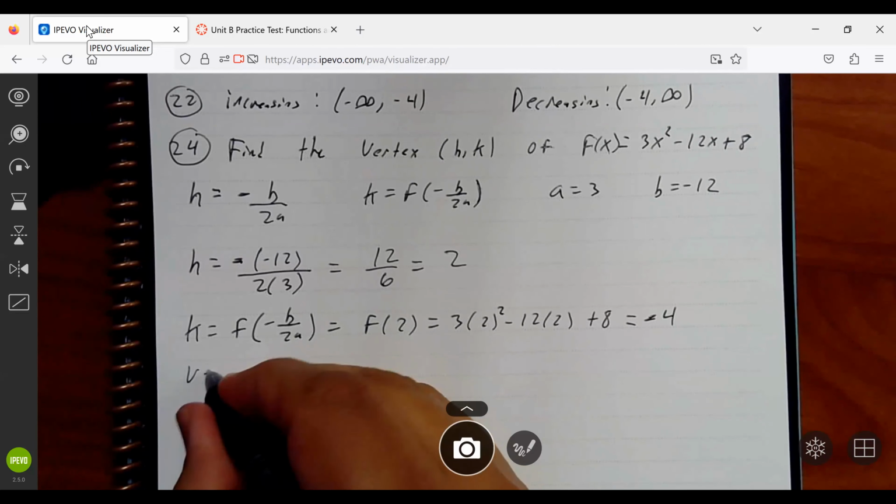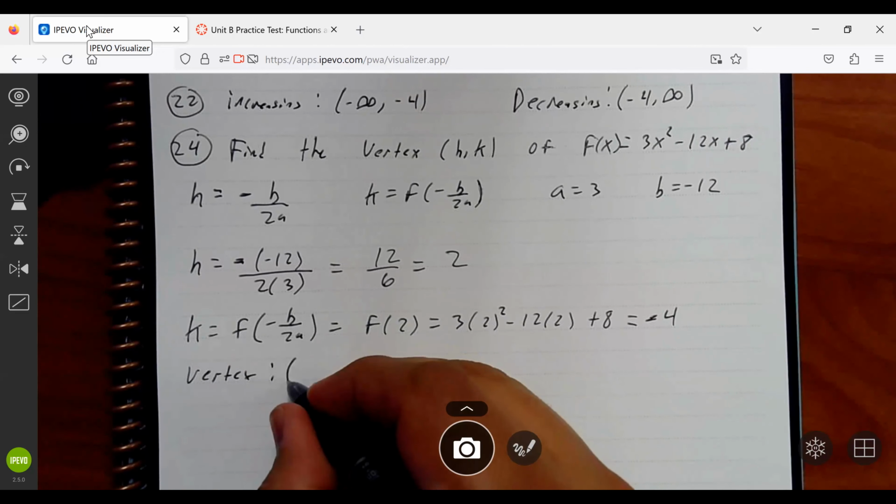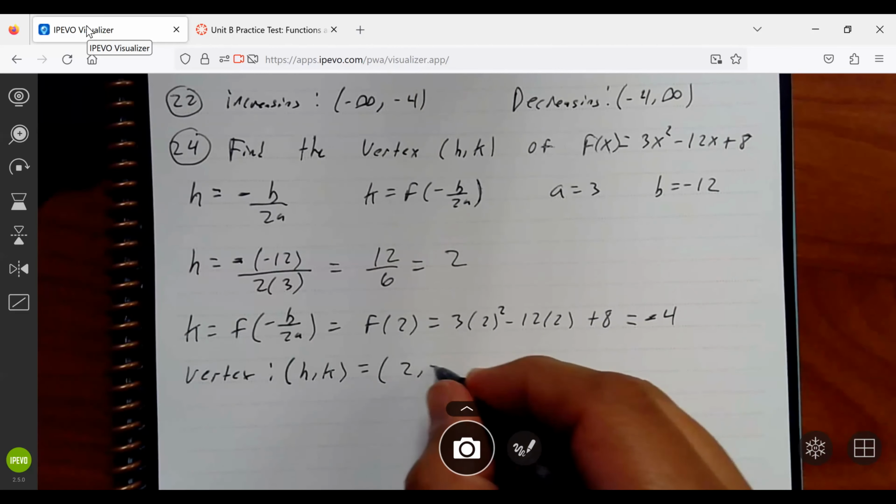So vertex is h, k, which is 2, negative 4.